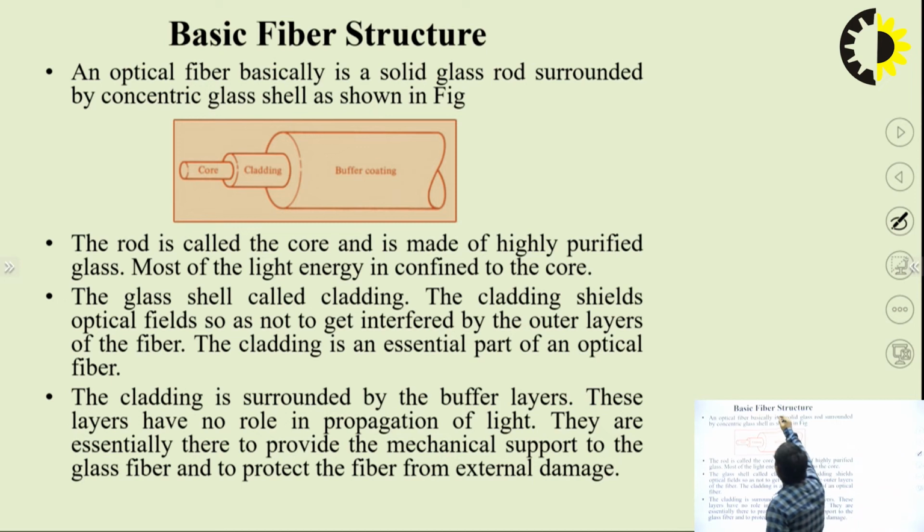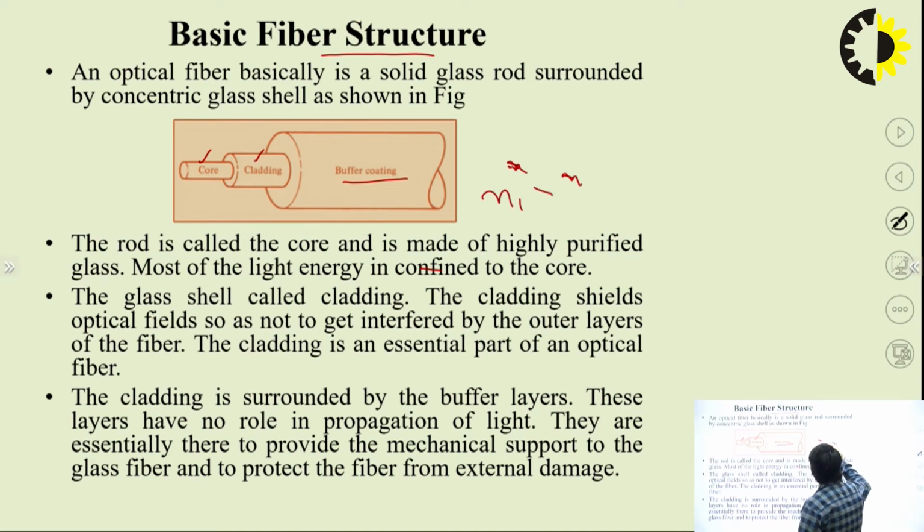This is the optical fiber cable structure shown here. This is the inner layer core, this is the outer layer cladding, and this is the protective layer, the buffer coating, used for providing mechanical strength to the fiber. So the main requirement, as we have already discussed, is that the refractive index of core N1 must be greater than the refractive index of cladding.